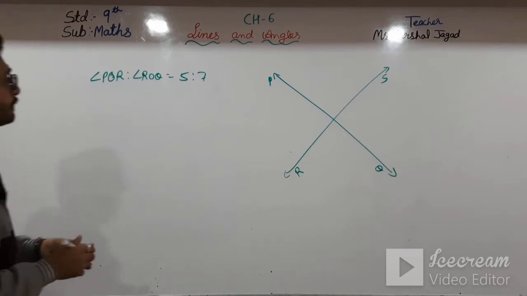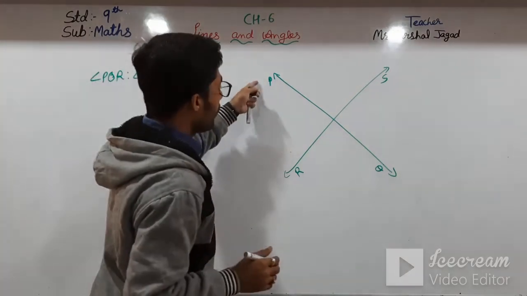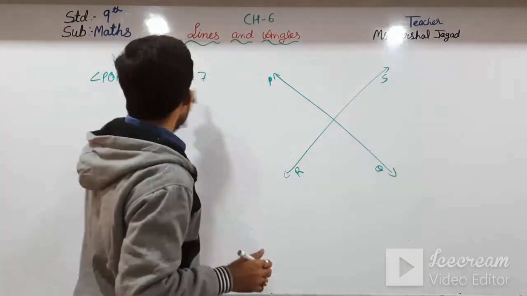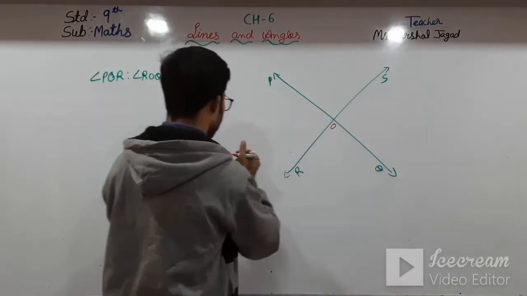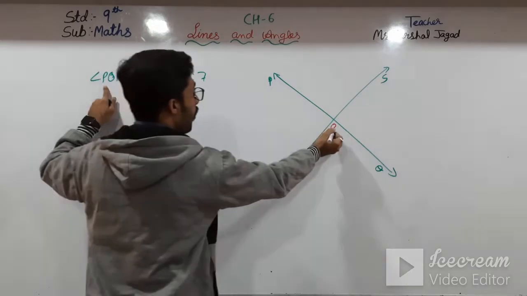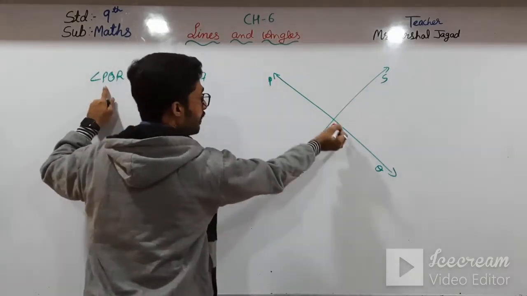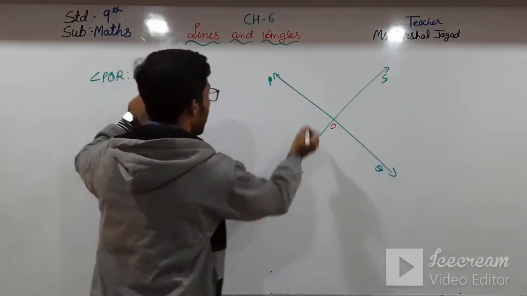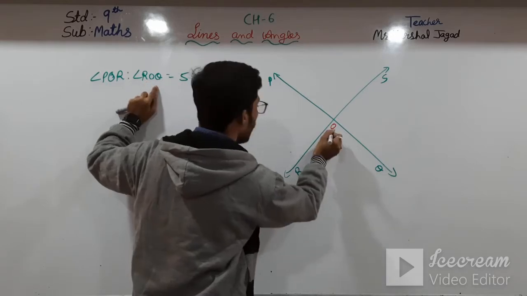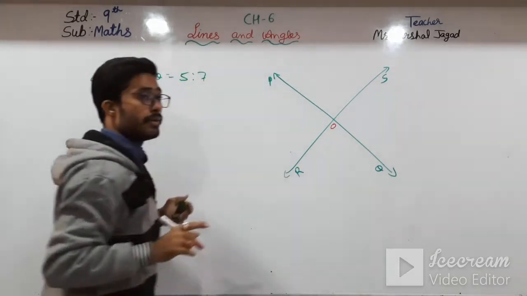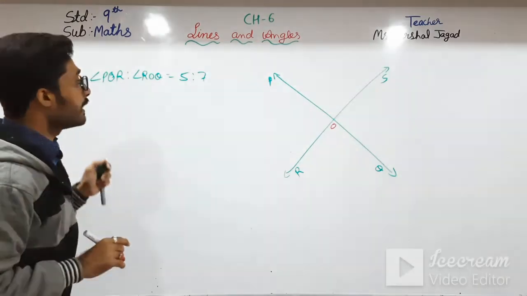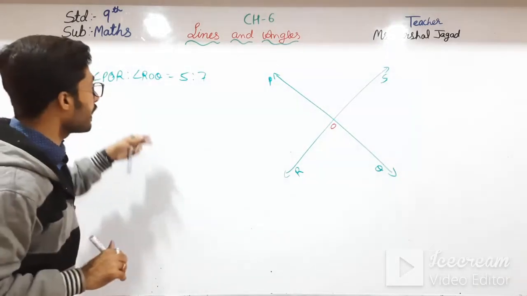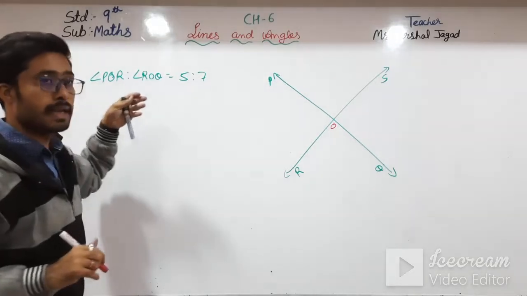So here, sorry, I forgot to write here O, this angle POR and ROQ is given in the form of ratio, and we have to find that.